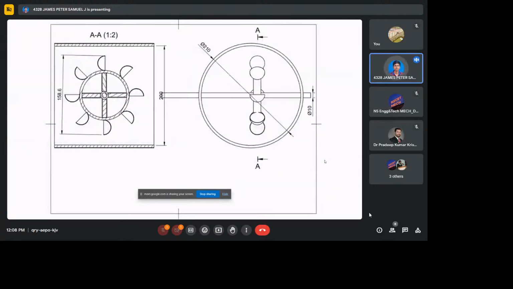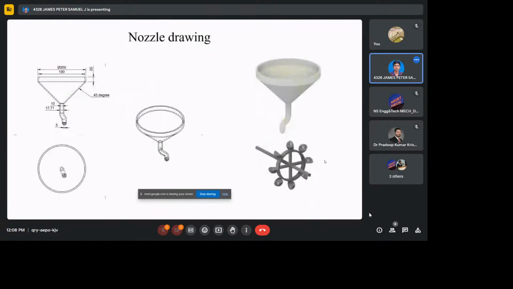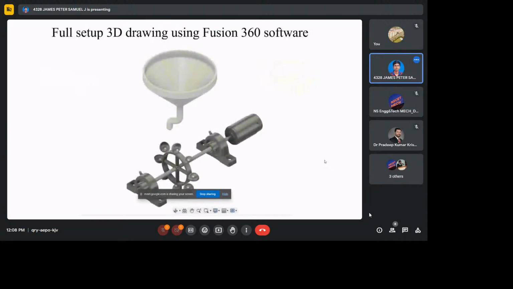This is the final 2D diagram for our project. This software is called AutoCAD. The nozzle diagrams, 3D diagrams and 2D diagrams. As you can see, the full setup using the 3D software: the Pelton wheel, nozzle, plumber blocks, and shaft connected with the machine type motor.